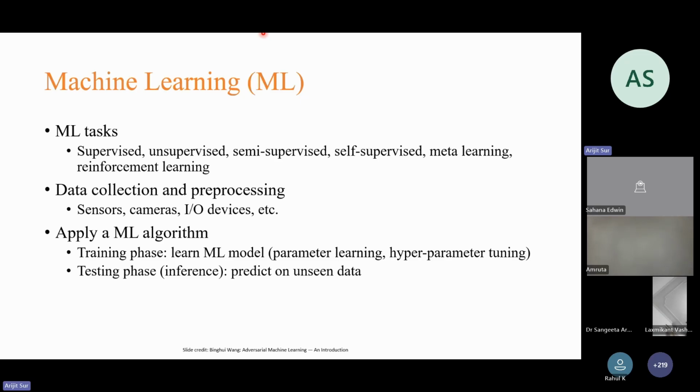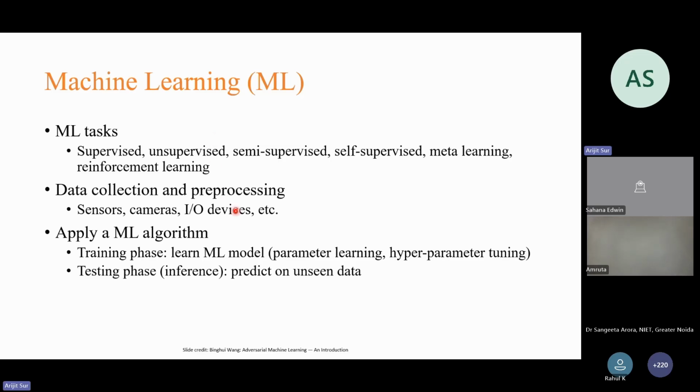Machine learning is used to predict, to analyze, and to generate in different tasks. There are different machine learning types: supervised, where annotated examples are given, and unsupervised, where no labeled data is given. Other variants are semi-supervised, and another is reinforcement learning. So these are the types of machine learning.